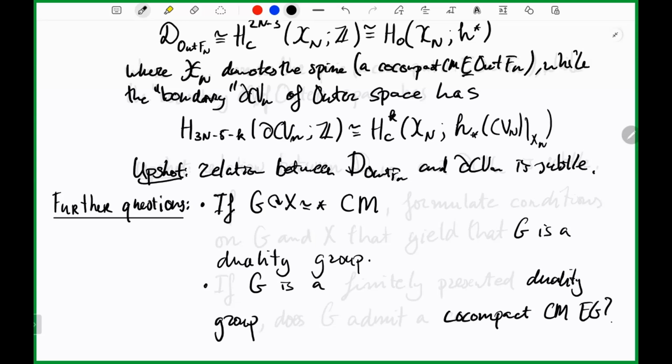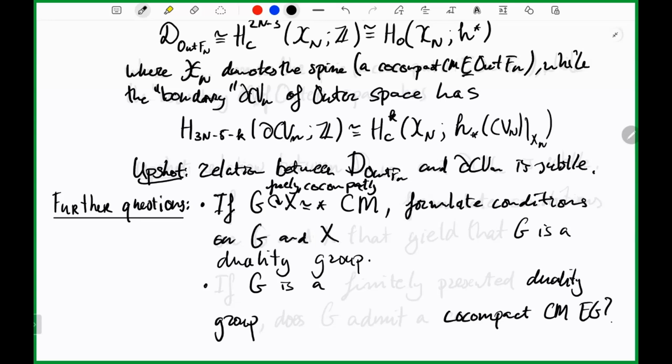So you can ask, first of all, if G acts freely and co-compactly on a contractible CW complex X, whether you can formulate conditions on the group and simplicial complex that will give you, from knowing those, that G is a duality group.